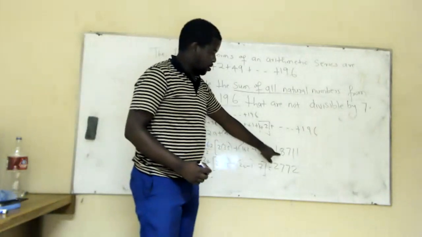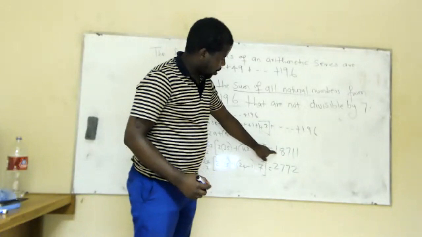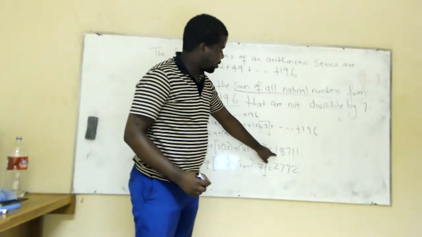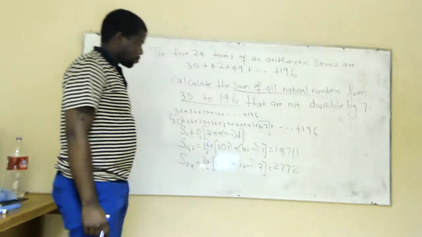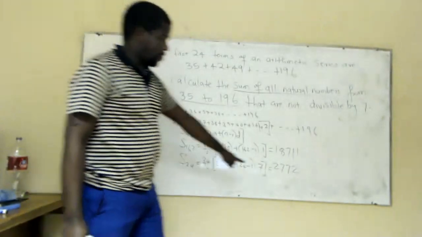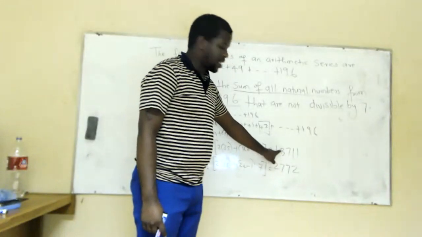Why is this number greater than this one? Can you verify this for me? Is it 18,711? Yes, it's 18,711. And this one must be less than that.